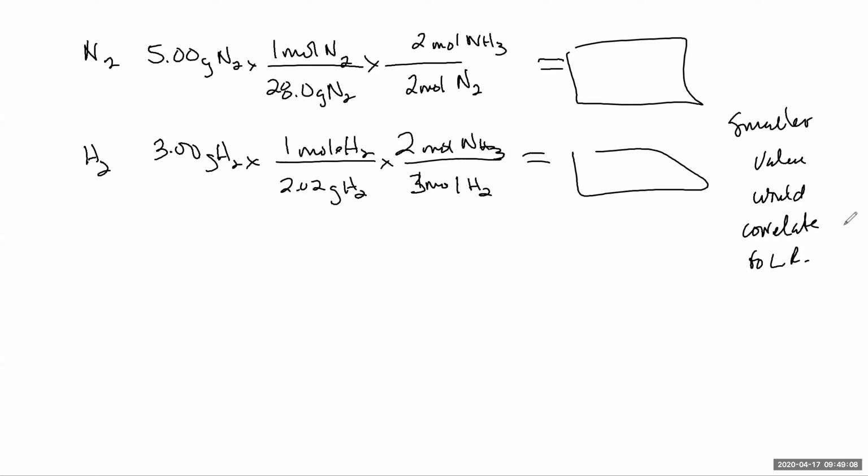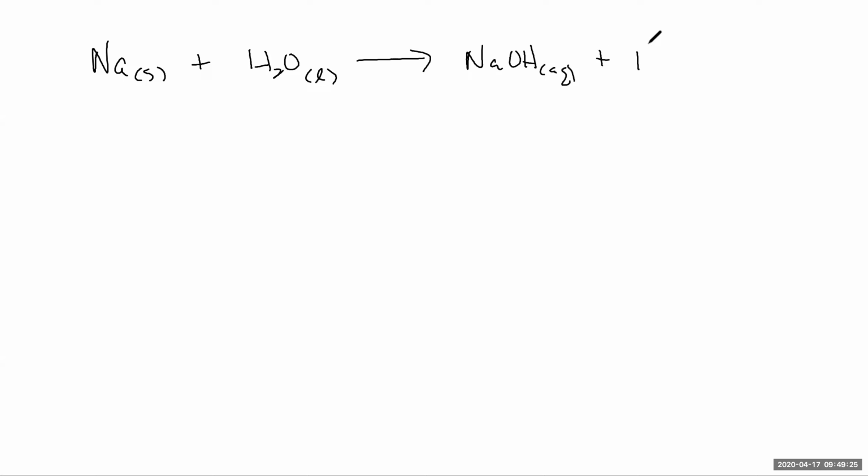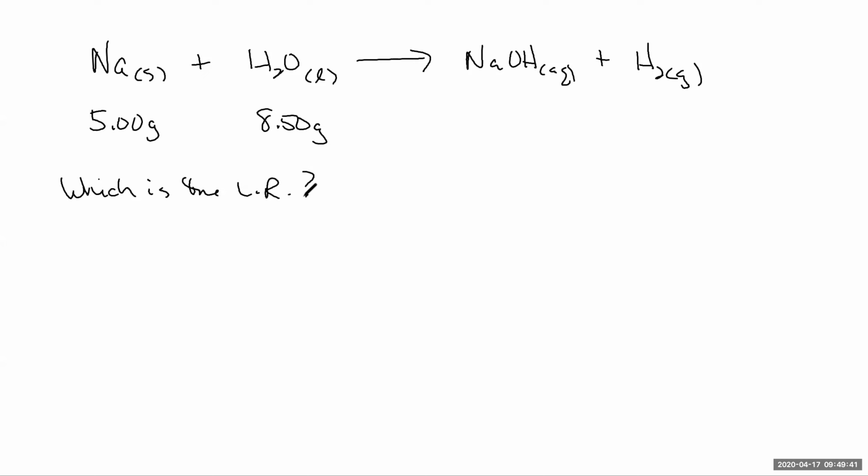So let's try one more. Let's use a different reaction. What if we had sodium and reacted it with water, and we turn it into sodium hydroxide and hydrogen gas? If I tell you that we start with 5 grams of sodium and 8.5 grams of water, the question is, which is the limiting reagent or reactant?